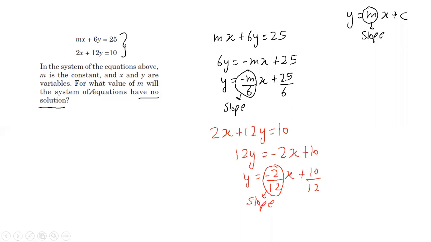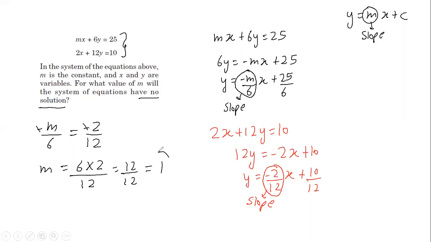Now, because I want them to have no solutions, that means their slopes have to be equal. So I can directly equate both of these slopes, and I can say minus m over 6 will be equal to minus 2 over 12. So minus minus gone. m will come out to be 6 into 2 over 12, which is 12 over 12, which is nothing but 1.